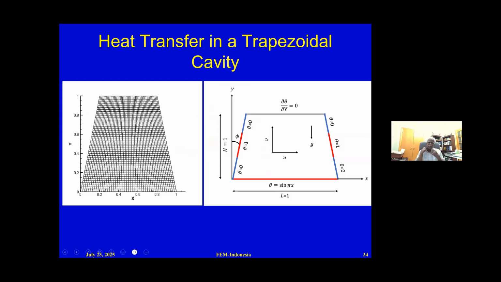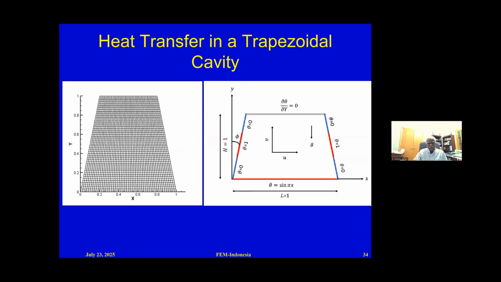Next, I think I will talk about some work we are collaborating on, myself and Dr. Sivaraj's research group. The problem is a trapezoidal geometry with a conductive heat transfer problem. So in addition to velocity and pressure, we should also solve for temperature. They are also coupled.